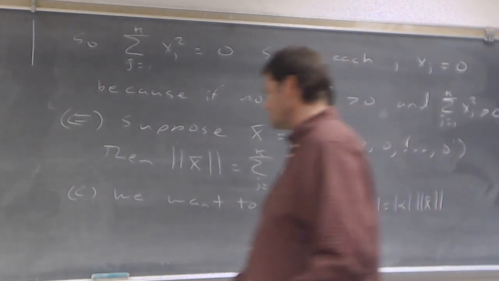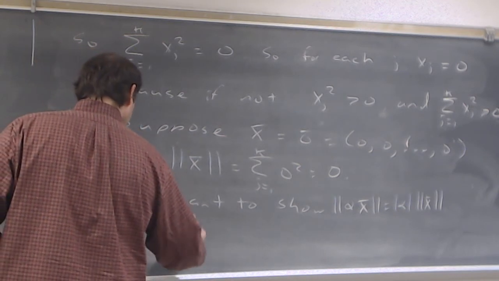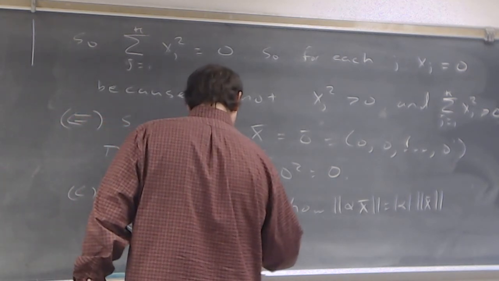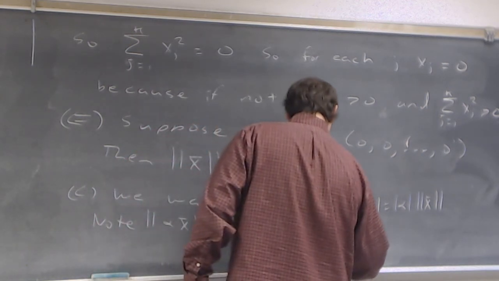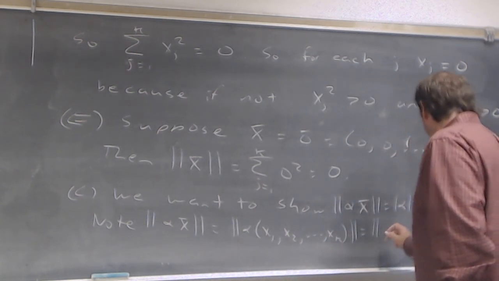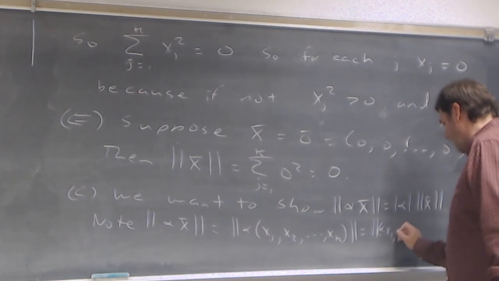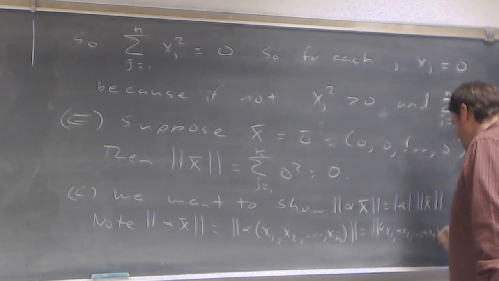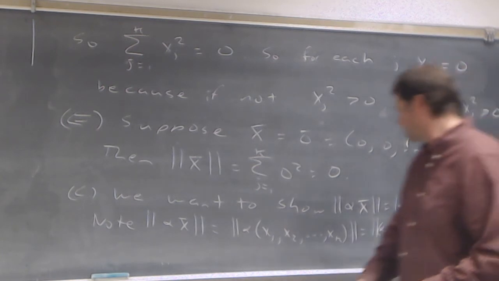So note the norm of alpha times x bar will be equal to the norm of alpha times x1, x2, all the way up to xk, which equals the norm of the vector alpha x1, alpha x2, up to alpha xk. That's what that is.